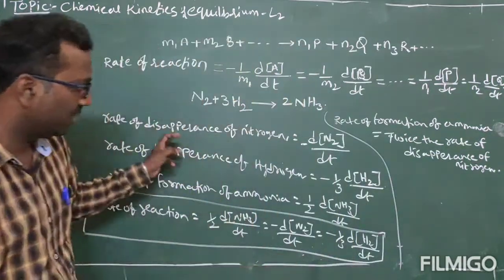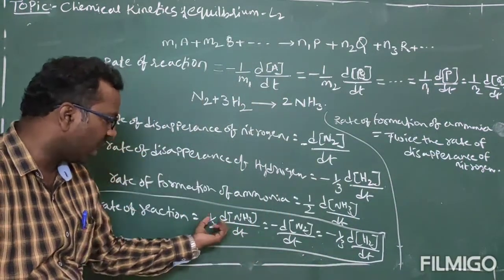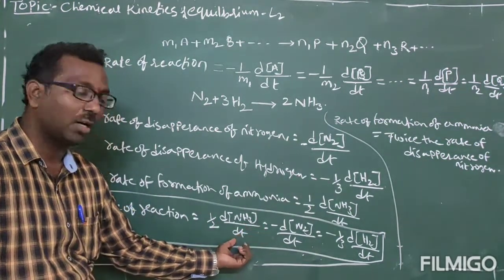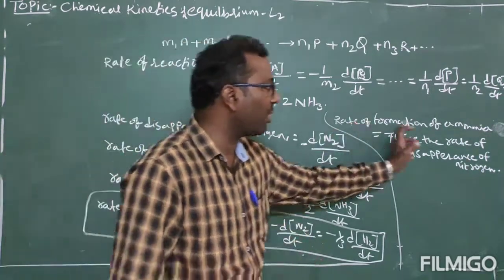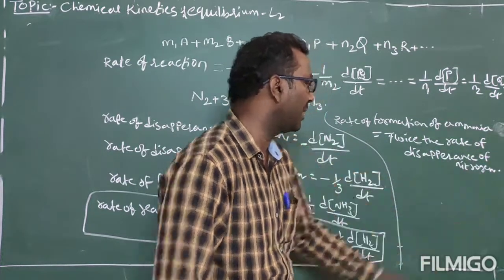Is it or not? If I take this 2 only, half dNH3 by dt is equal to minus dN2 by dt. So the rate of formation of ammonia is equal to twice the rate of disappearance of nitrogen.